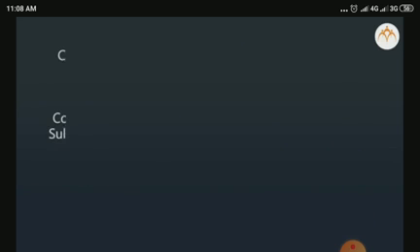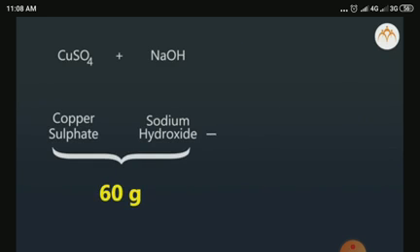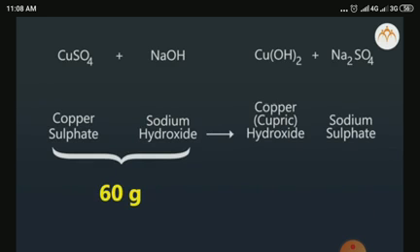Example, reactants are copper sulfate and sodium hydroxide. The total mass of the reactants is 60 gram, and after completion of the reaction, copper hydroxide and sodium sulfate will form. The total mass of the products will be 60 gram. It means there is no loss or gain of mass during chemical reaction.